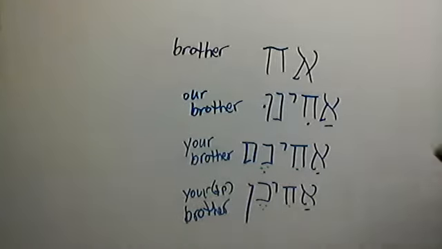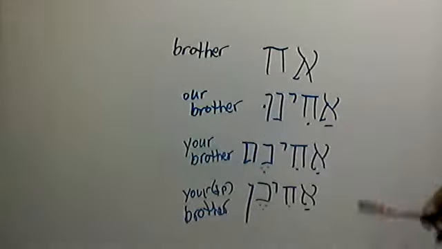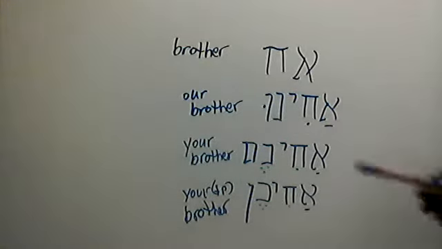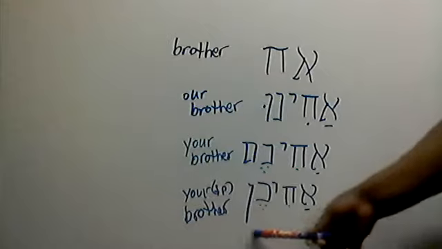Achinu, our brother. Achichem, your brother. When speaking to two or more males about their brother, you say achichem. If you're speaking to two or more females about their brother, saying your brother, you say achichen.